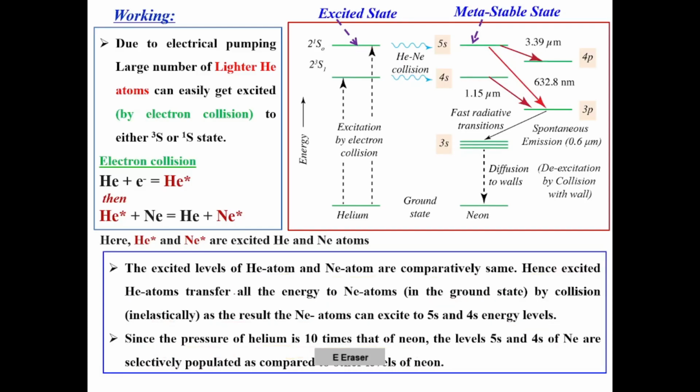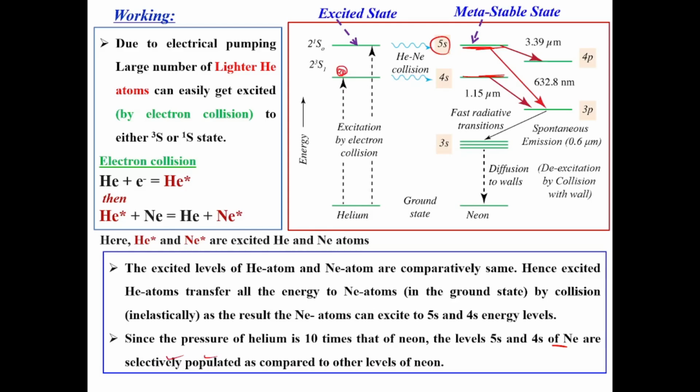As the helium to neon ratio is 10:1, obviously the helium pressure will be 10 times more than that of the neon, due to which the levels 5s and 4s of neon are selectively populated, because whatever the helium is excited, that will be transferred to the neon.